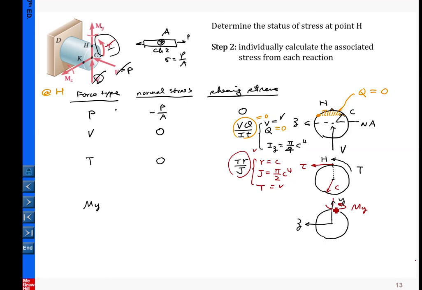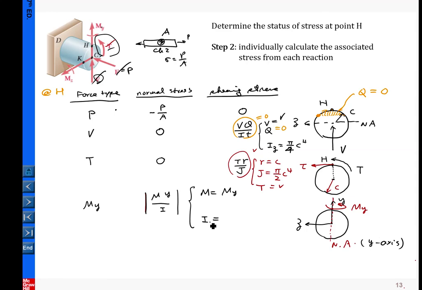From here, we first identify the neutral axis. For My, we have calculated the magnitude. This is our template. For this template, M is our given moment, which is My, and I is the moment of inertia with respect to the neutral axis, and our neutral axis is the y-axis.